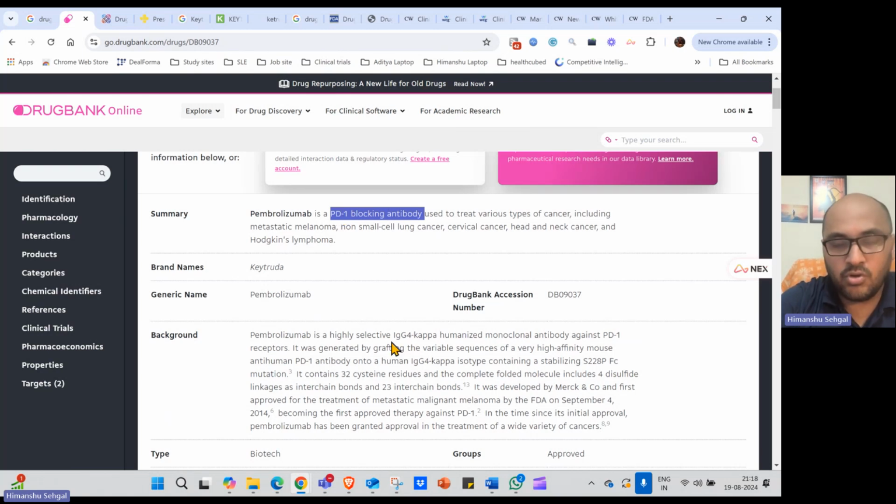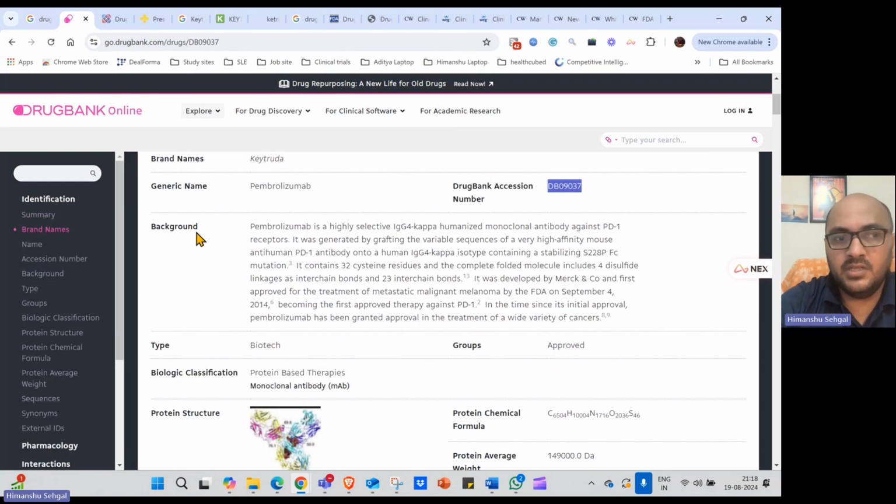How do I know it is a monoclonal antibody? Because of my experience, but this will be clearer in a few more steps. Its brand names are all listed here. Then its generic name, pembrolizumab, which we have already searched. The DrugBank accession is a unique identification, so you can save it like that also.